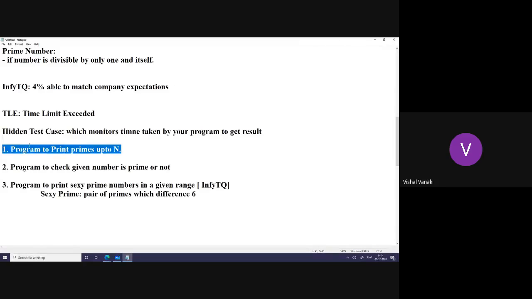Now, I want to print prime numbers up to n, starting from 1. That is a concern here, because if I use the modulus operator, that will take a lot of time.